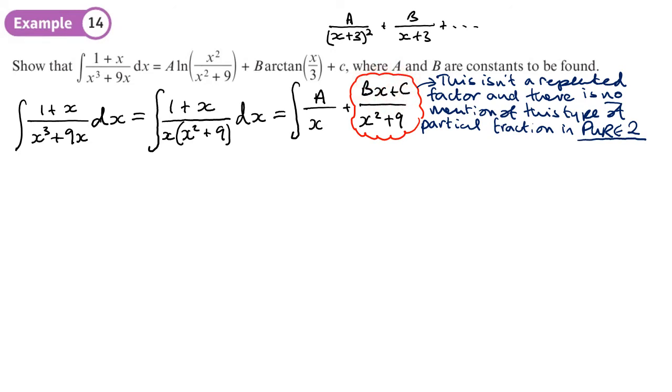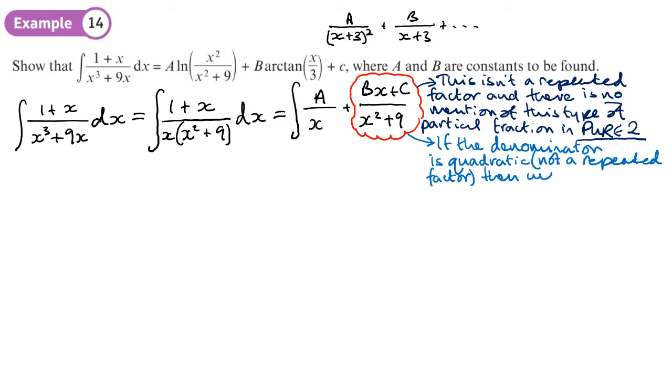So what we'll put down here is that if the denominator, I don't know if I said numerator a while ago, but I meant denominator, if the denominator is quadratic, and not a repeated factor, then we must consider that there could be an x term in the numerator.